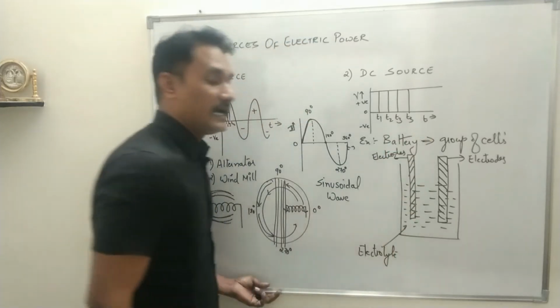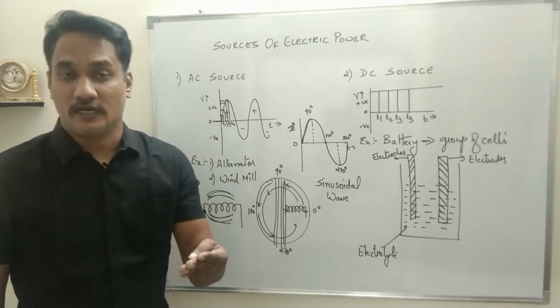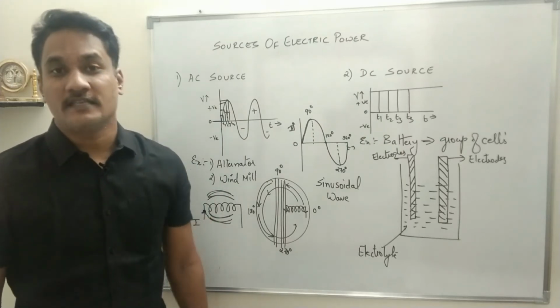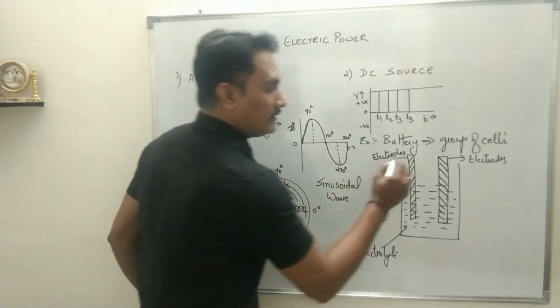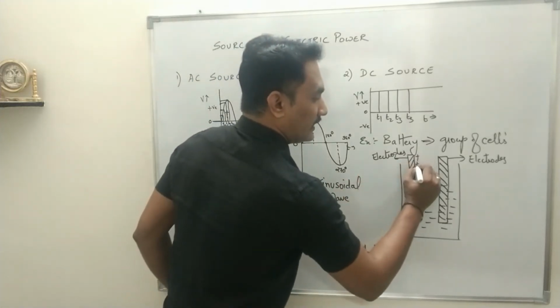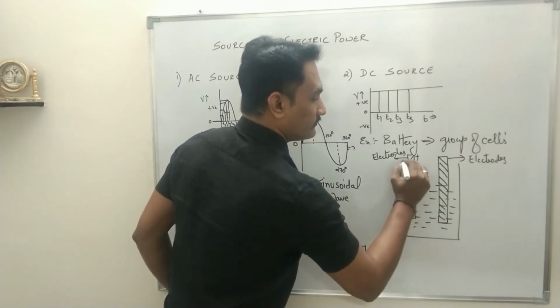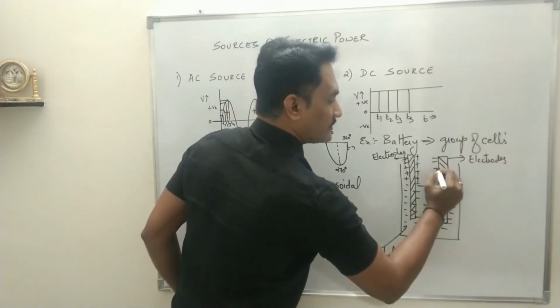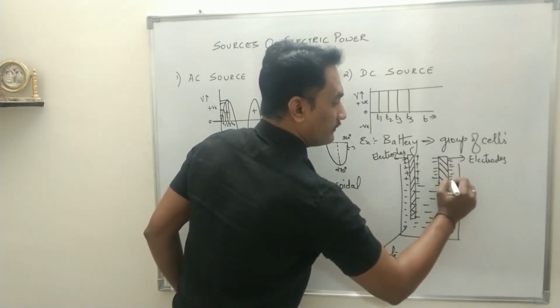Now what happens is, as soon as you immersed electrodes in electrolyte, a process called as electrolysis happens. In electrolysis, all the positive charge accumulate on one of the electrode, and all the negative charge accumulate on the another electrode.